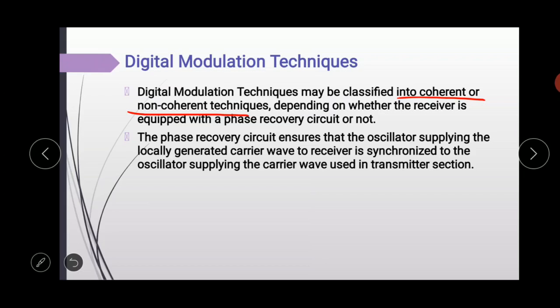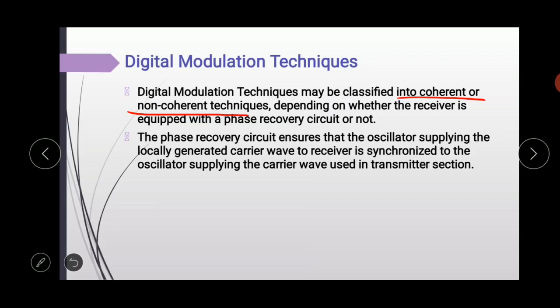In coherent detection, the local carrier generated at the receiver is phase locked with the carrier at the transmitter. If we simply say, means the carrier that is used in the transmitter section, same carrier is also used in the receiver section. Thus, the detection is done by correlating received noisy signal and locally generated carrier. The coherent detection is a synchronous detection, means here synchronization is required between the carrier used in transmitter and receiver section.